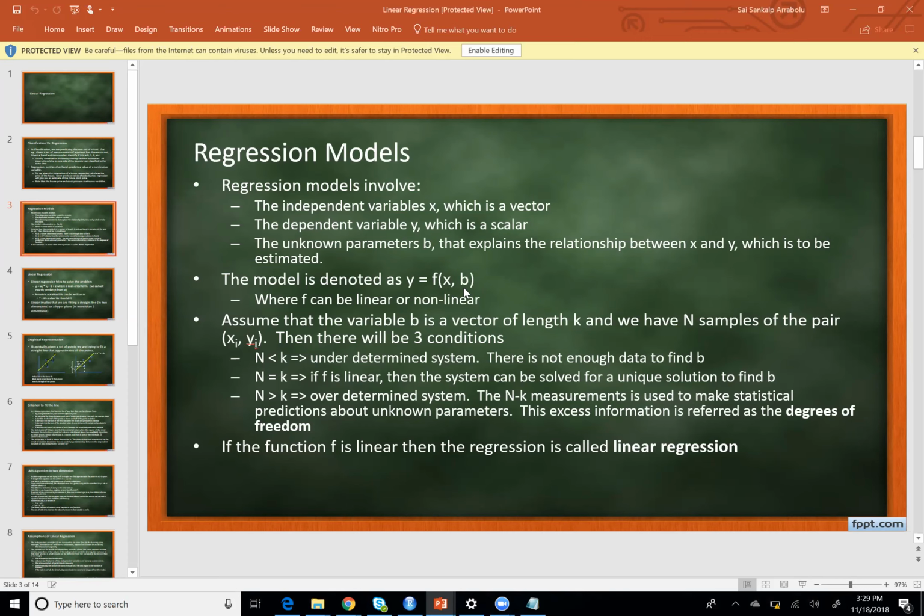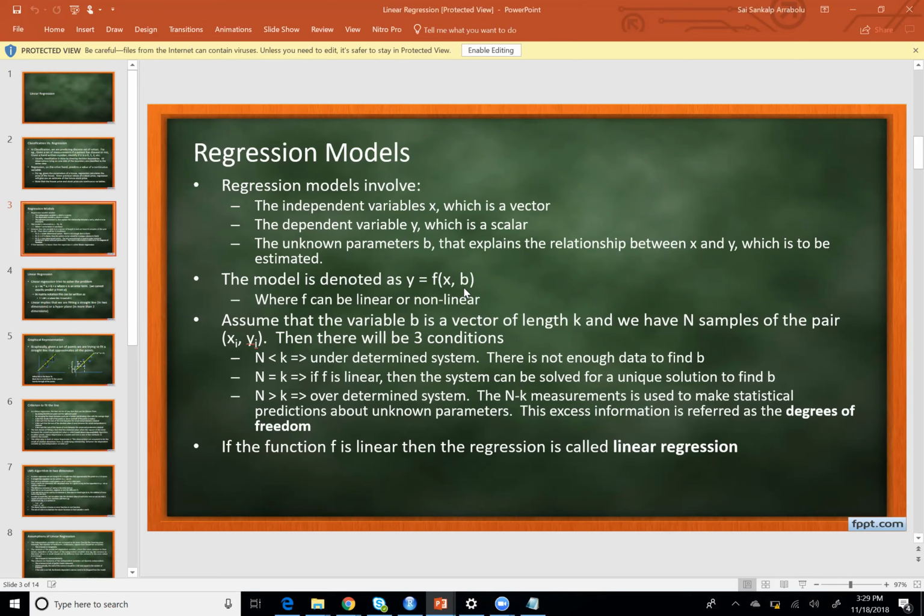Assume that the variable b is a vector of length k and we have n samples. There'll be three conditions. This basically boils down to linear algebra again. If n is less than k, it becomes an underdetermined system. That means there's not enough data to find the solution.